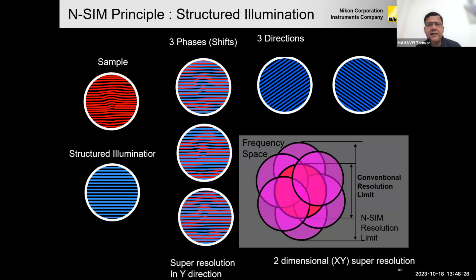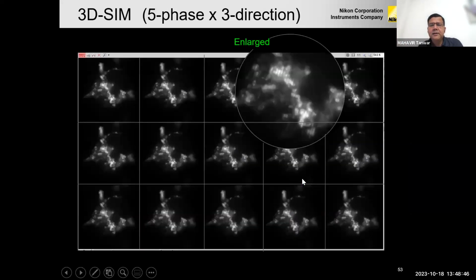So what we are getting, this purple shaped structure is what we have captured. The red one in the middle is the conventional zero order. Rest all is plus and minus one order. Everything is collected using software, then relocated based on the requirement, and then the high information of the sample can be placed and we can resolve it better.